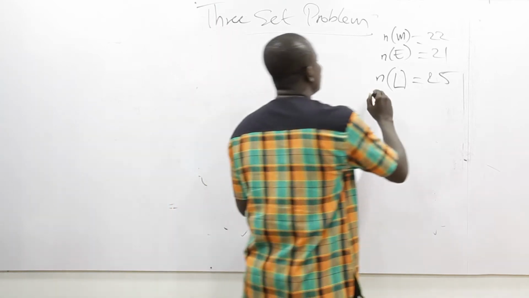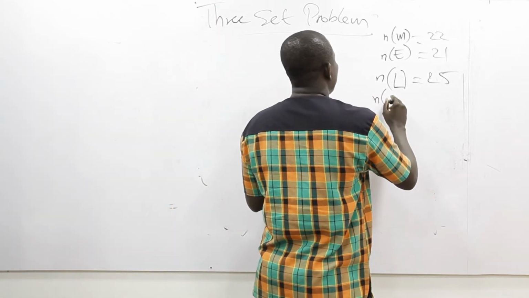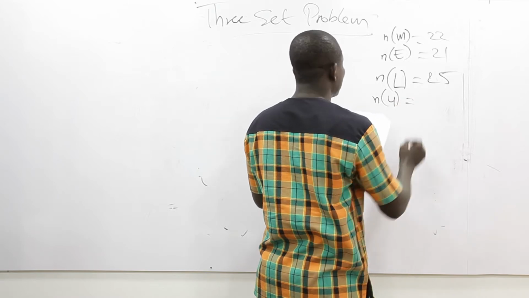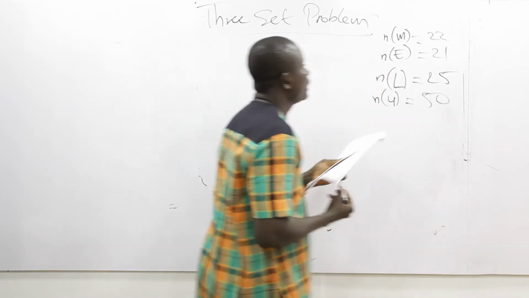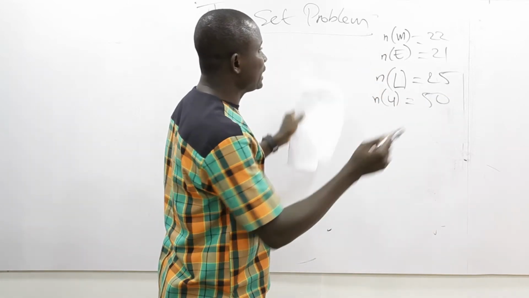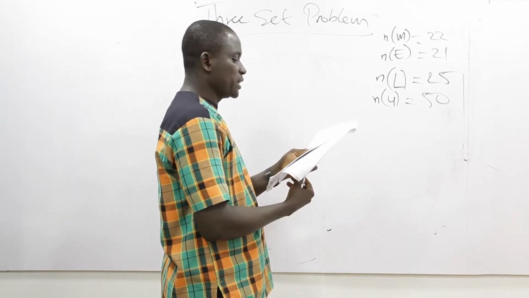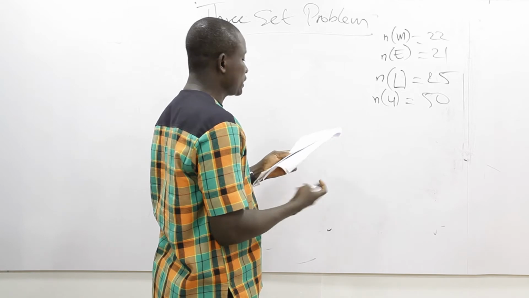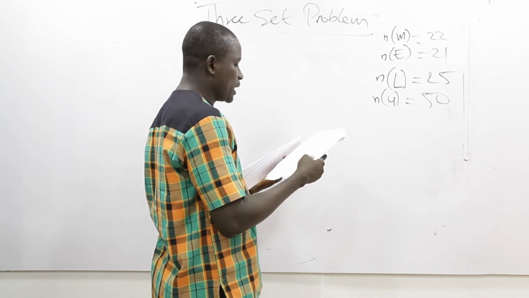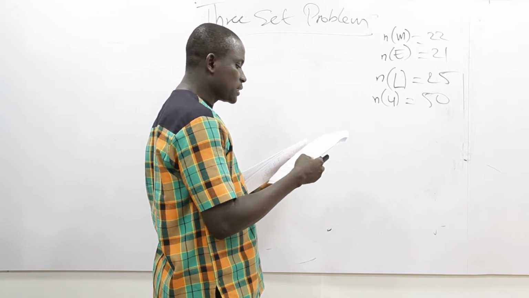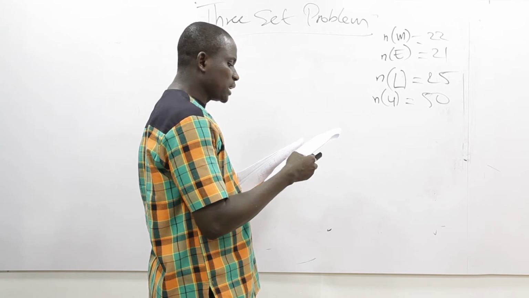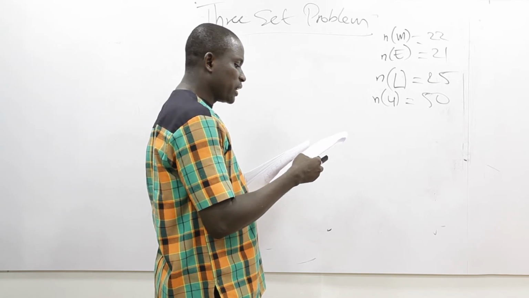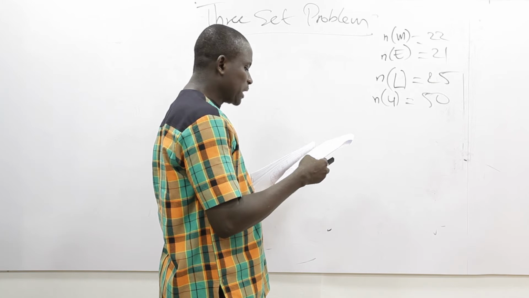Then n(U), the total, they gave the total as 50. And then he also gave the intersections. He says 6 had mathematics and life skills.